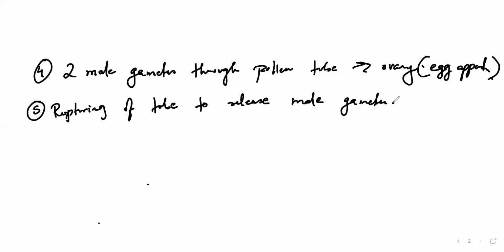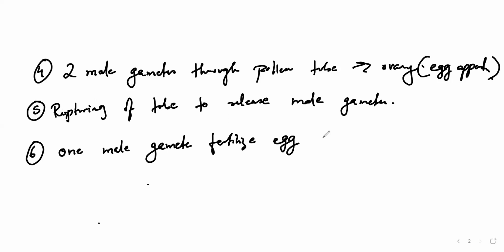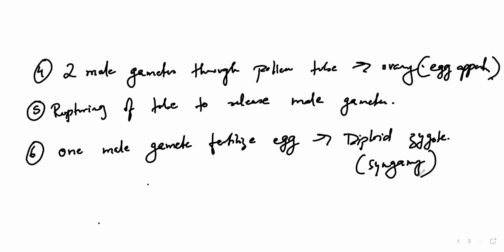Now I told you two male gametes are there, correct? So what happens next is one male gamete will fertilize the egg and form a diploid zygote by the process of syngamy. What will happen to the second one?